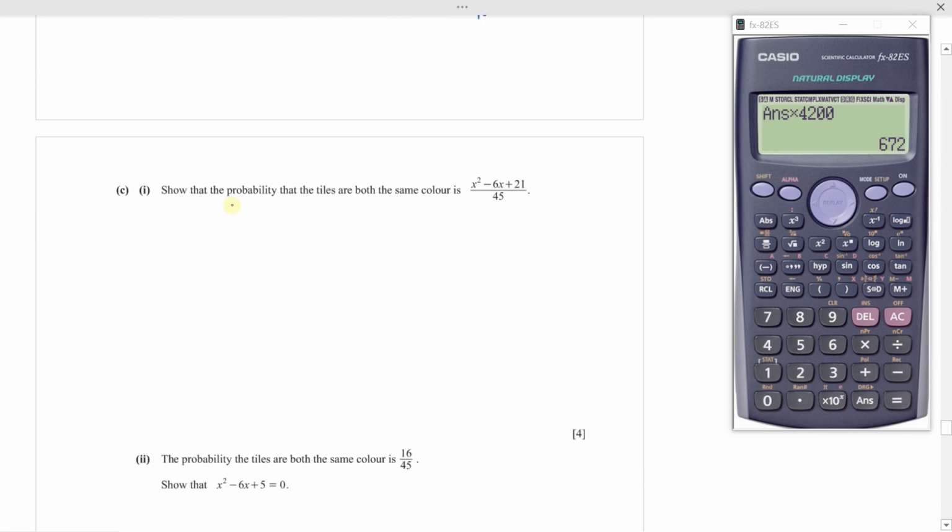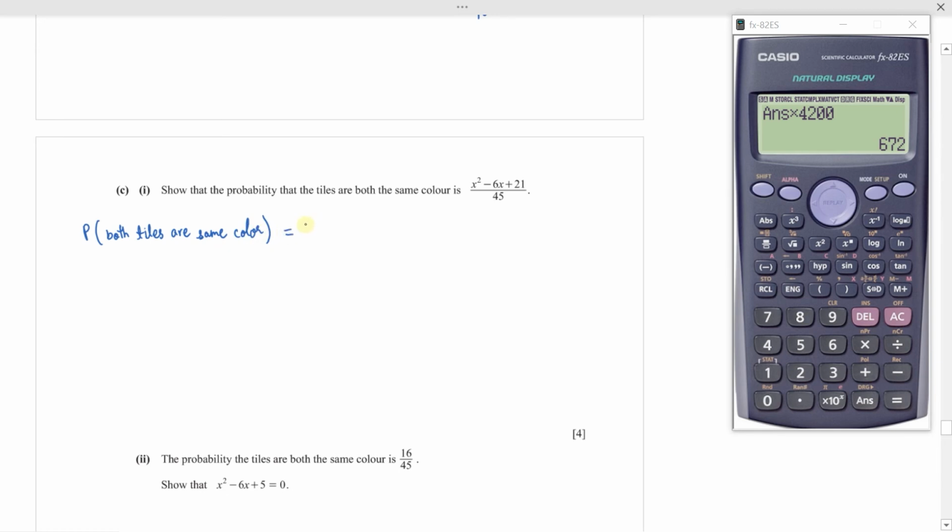The next part is to show that the probability that the tiles are both the same color is this. So the probability that both tiles are the same color, that's what you need to calculate.